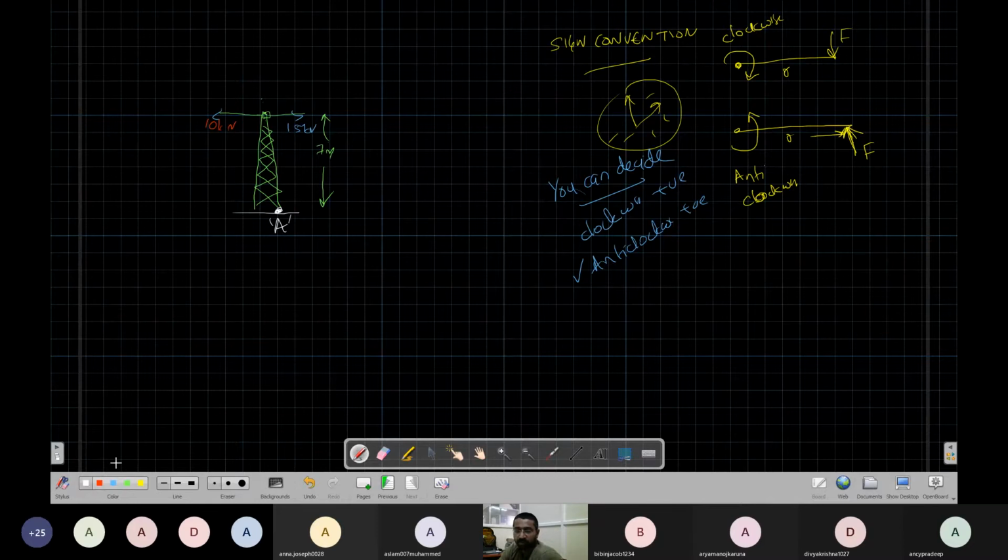That is what is known as the right-hand thumb rule. Basically you have to use your right hand, you have to use your thumb.